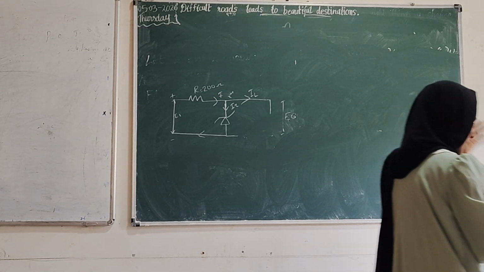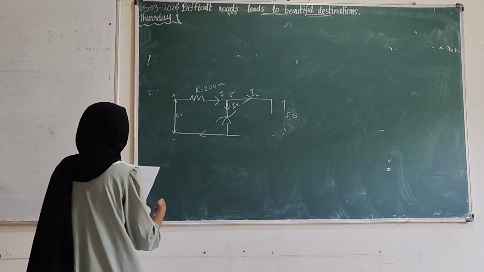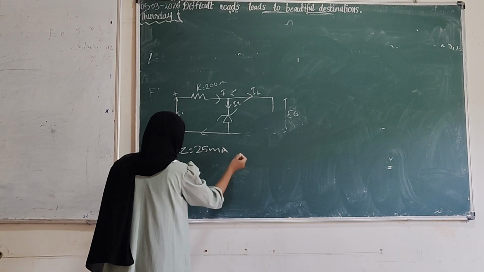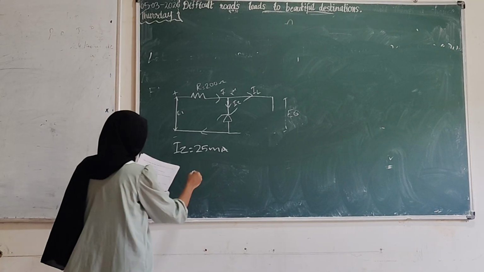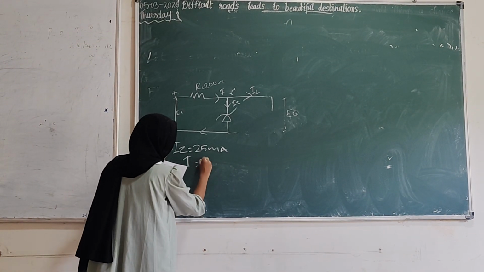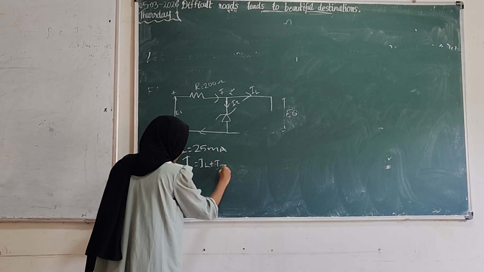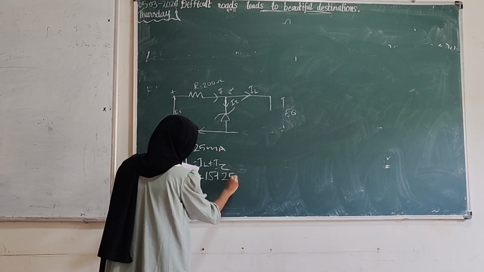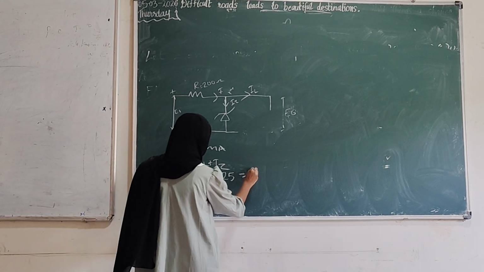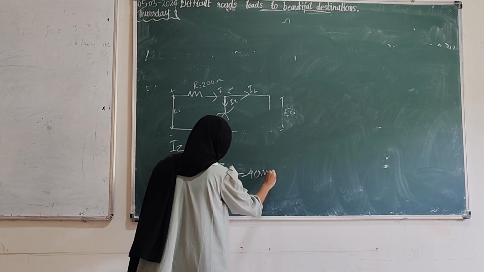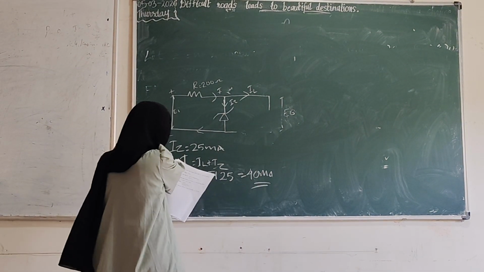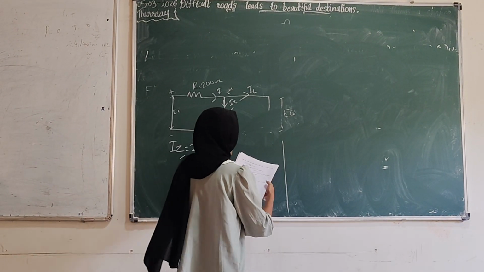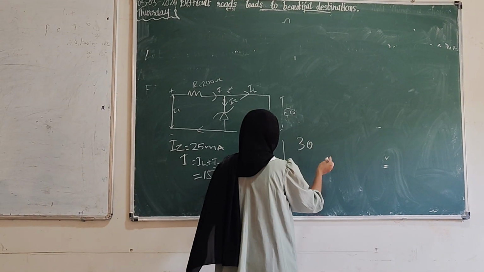Now we want to find the maximum input voltage, that is when IZ is equal to 25 milliampere. So in this condition, I will be IL plus IZ, that is 15 plus 25, 40. So we want to find the maximum input voltage.